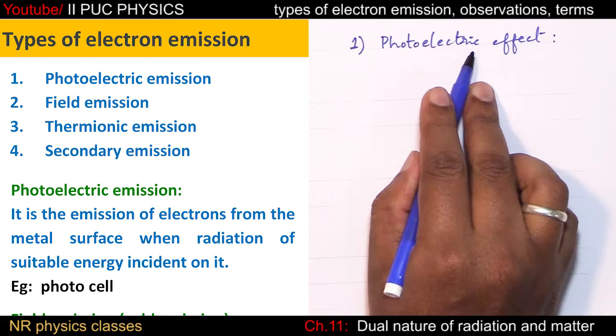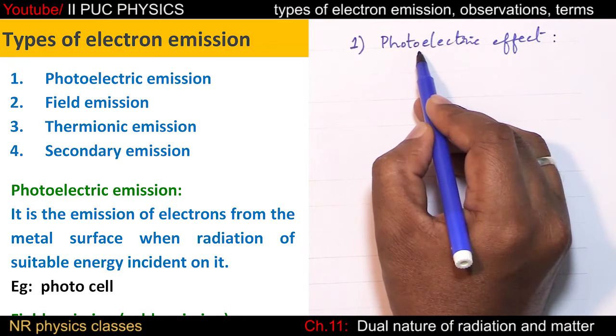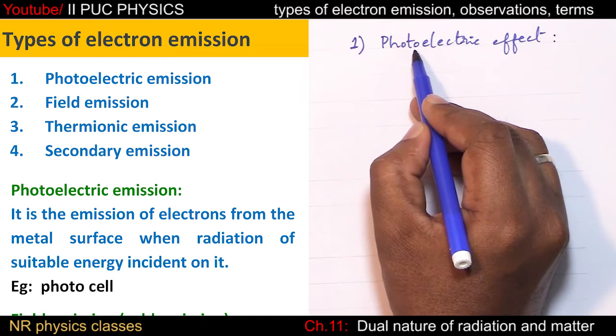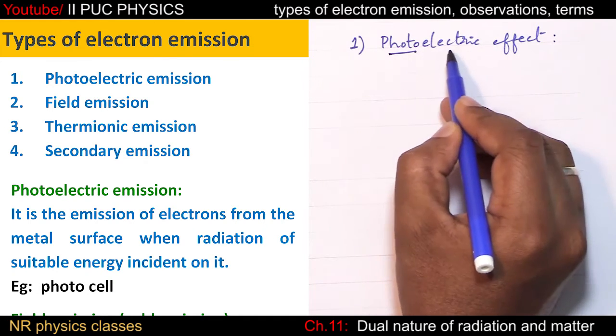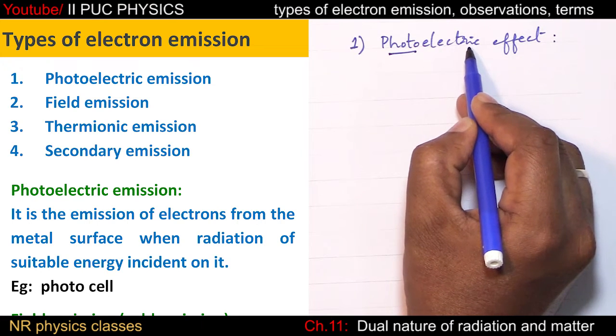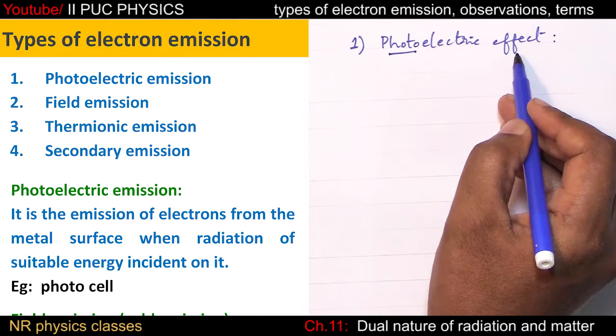The name itself says emission of electrons due to photons. We know that a photon is a packet of energy, and if that energy is sufficient to remove an electron, then that process of removal of electrons due to photons is called the photoelectric effect.